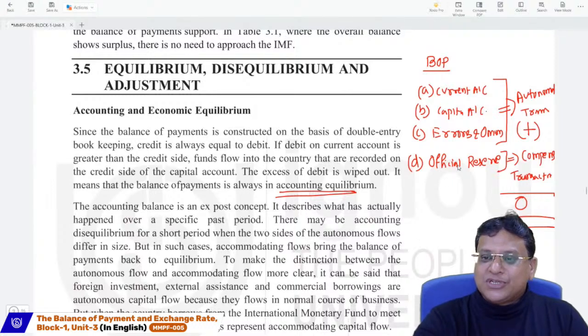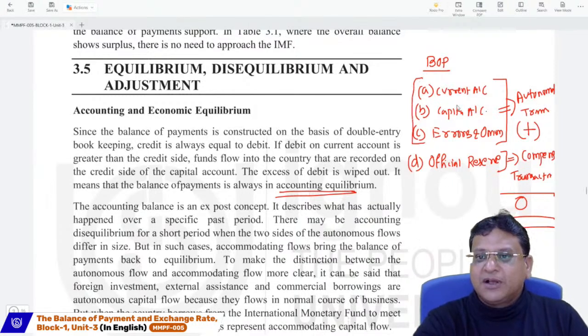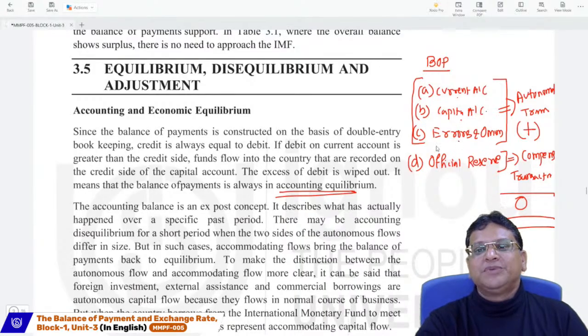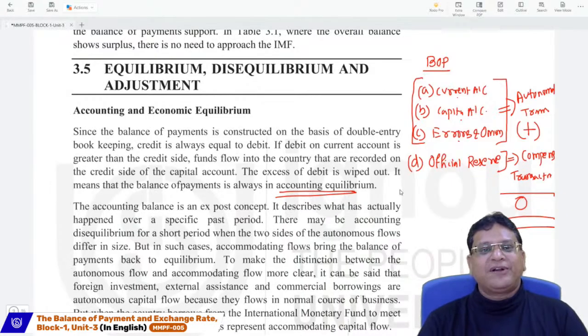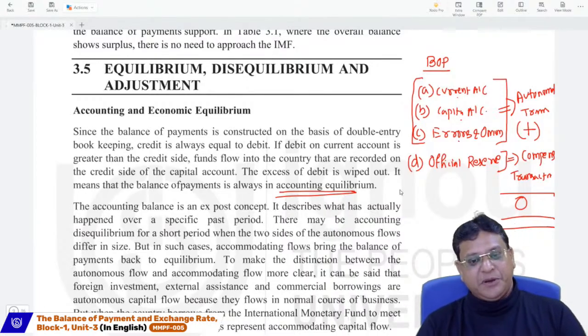But if you consider only autonomous transactions, what is autonomous transaction? Only current account, capital account, error and omission, then there may be surplus or deficit in the BOP statement. So BOP statement surplus or deficit is known as BOP disequilibrium.